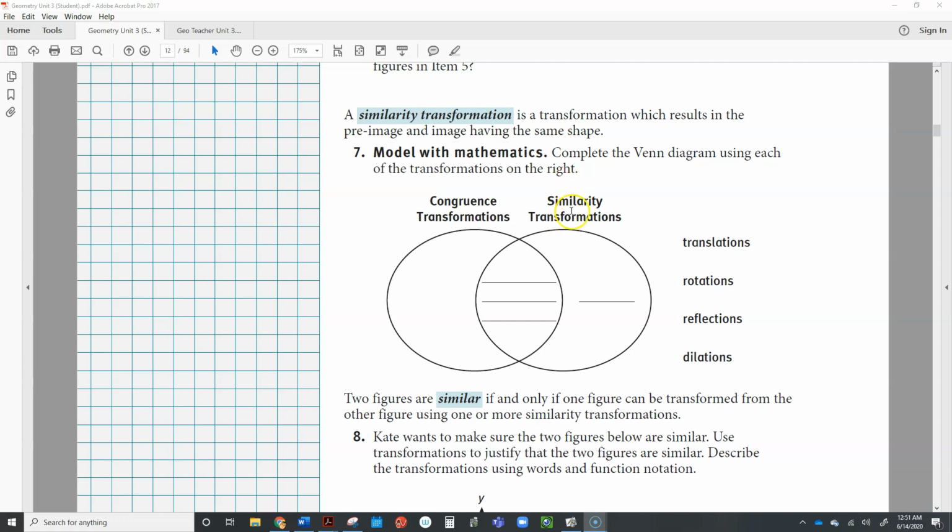Even if they're congruent, they're still considered similar because they just have a scale factor of 1. So you have to know which one is different from the other three. Go ahead and try to fill that in. Stop the video, fill it in. I'm about to click over to the teacher and show you the answer.